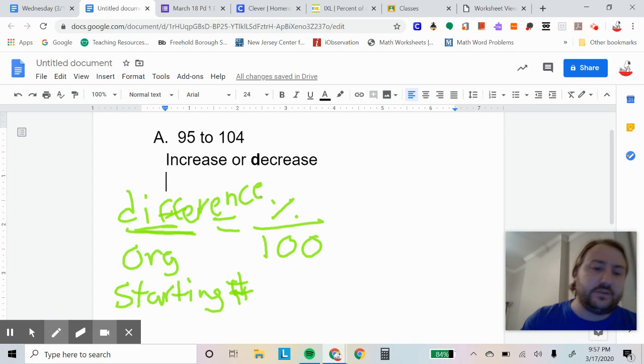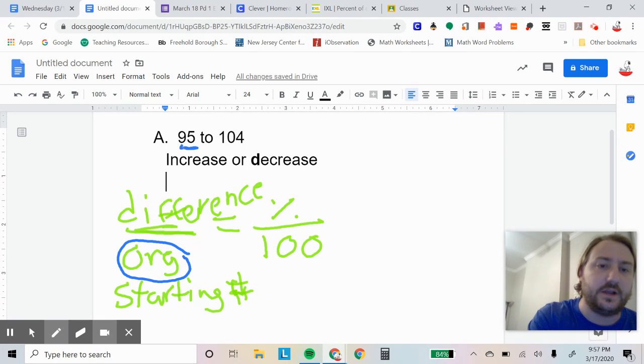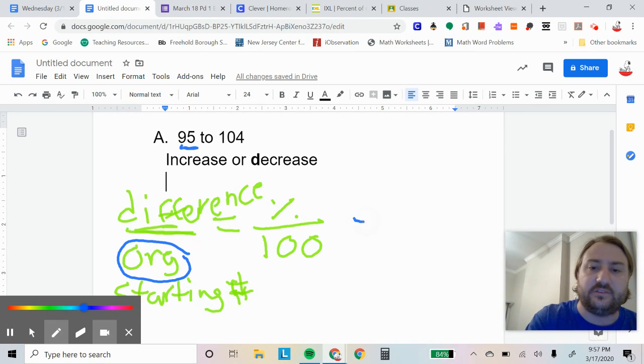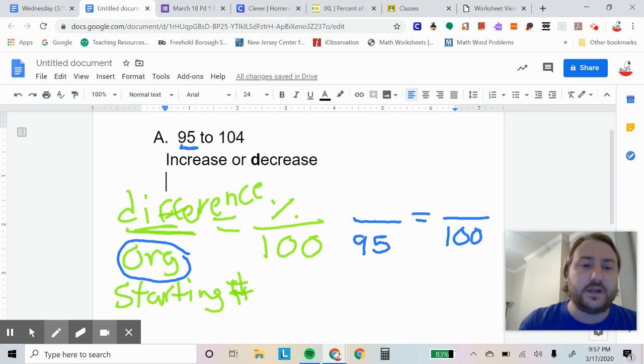Let's start off with the original. What did we start with? Well, we started with 95. So if I make a separate proportion here, I have 95 on the bottom, right? 100 is always going to be on the bottom. That's just a given. Then we have to find the difference.